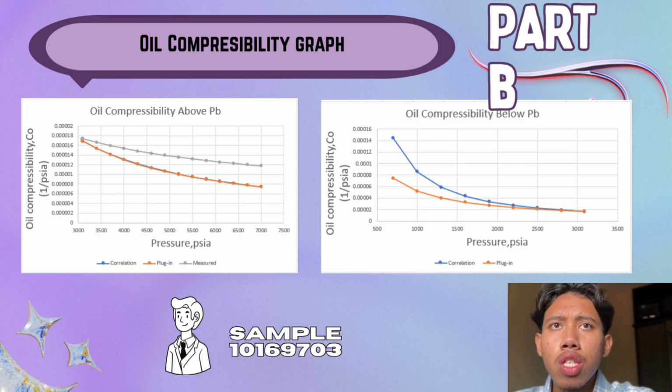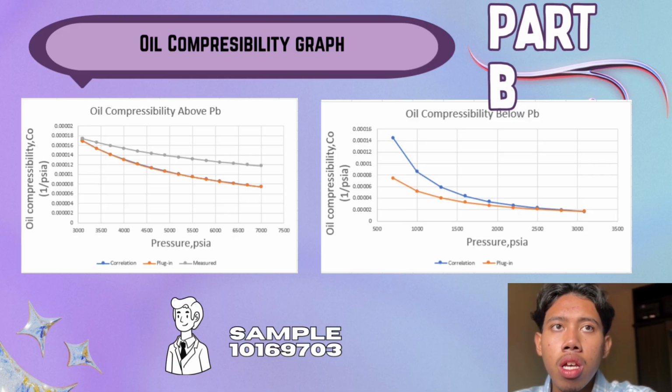As we can see, the blue line is for the correlation, the orange one is for the plug-in, and the green one is for the measured data. The observation for this graph is the same as the sample before this, 101335559, which is compressibility increases significantly as pressure decreases below bubble point.